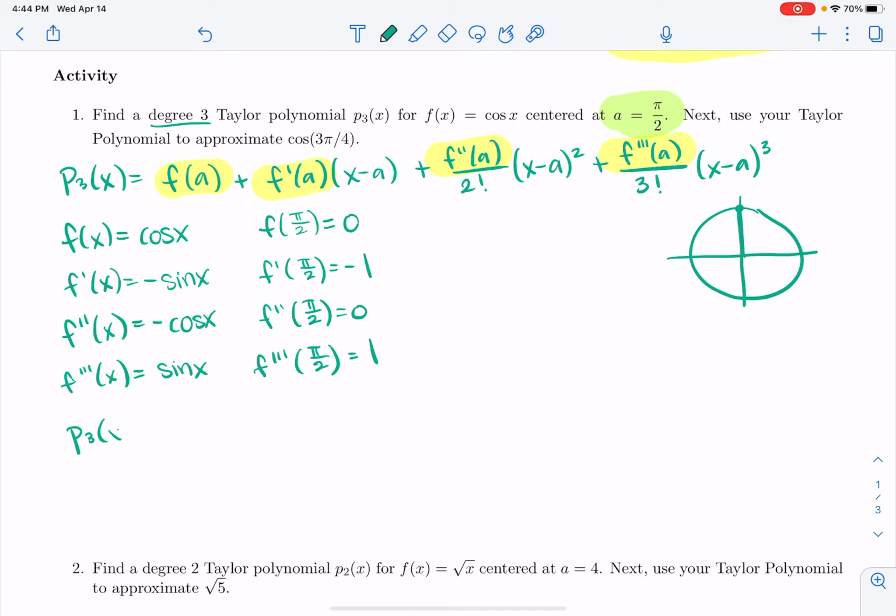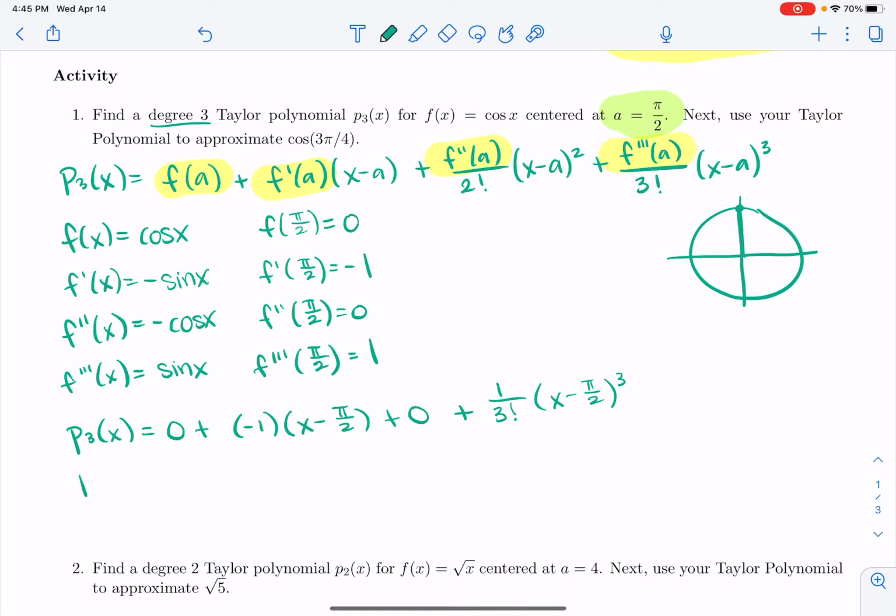So P3 of x is equal to 0 plus negative 1 times x minus pi over 2 plus 0, times other stuff, but we'll just leave it at 0. And then plus f triple prime, which gives us 1 over 3 factorial times x minus pi over 2 cubed.